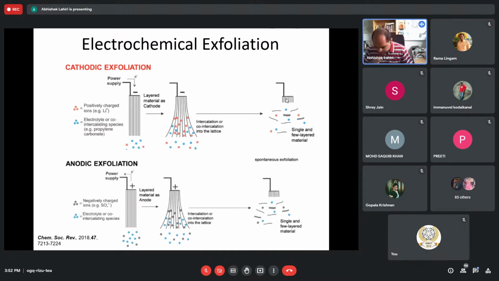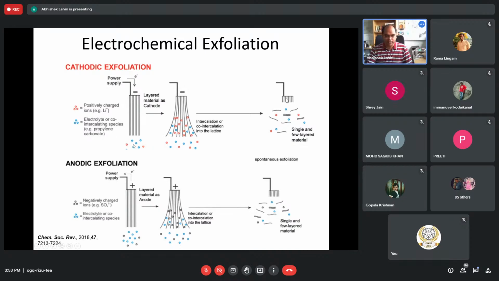When you have the material, such as graphite or whatever surface you want, as a cathode, you have a negative charge, so positive ions will come into the material. And the anode is where an oxidation reaction takes place, so you pass positive charge, and therefore you are going to intercalate the material with negative ions.